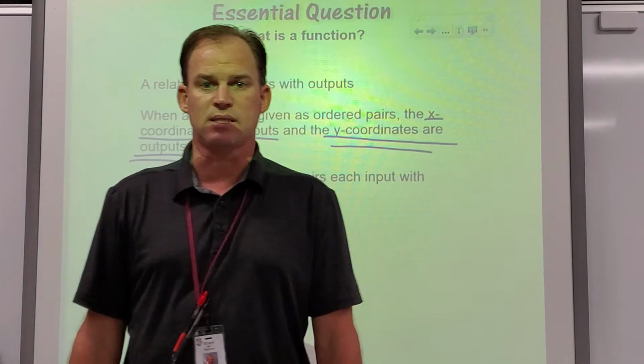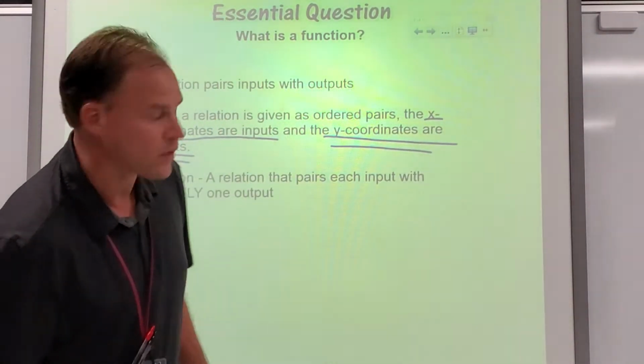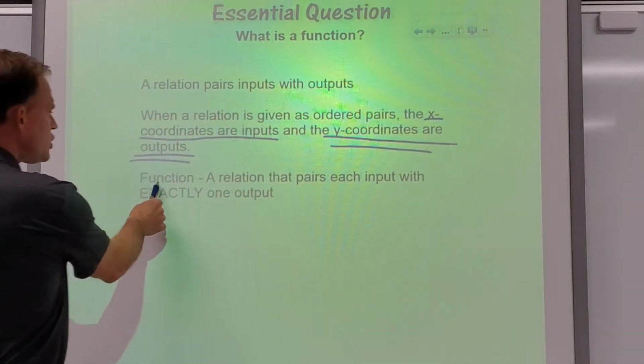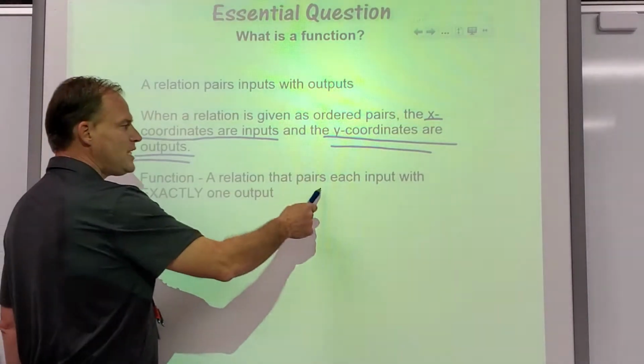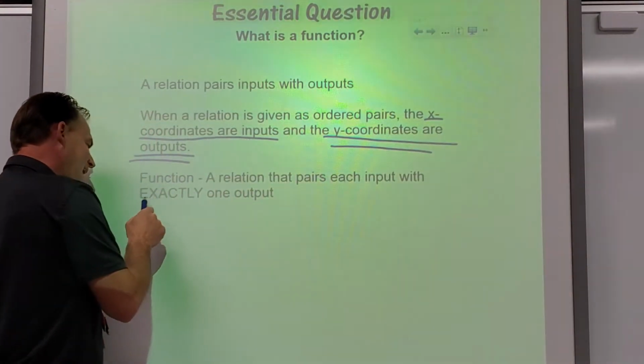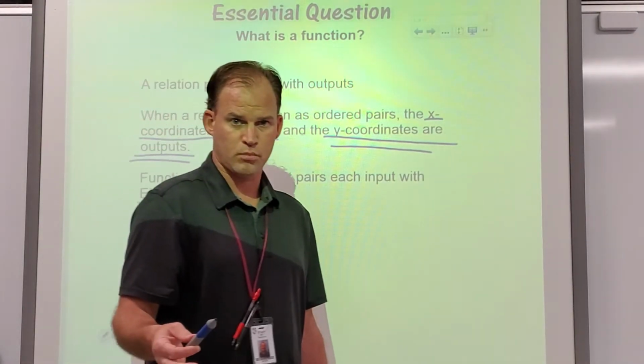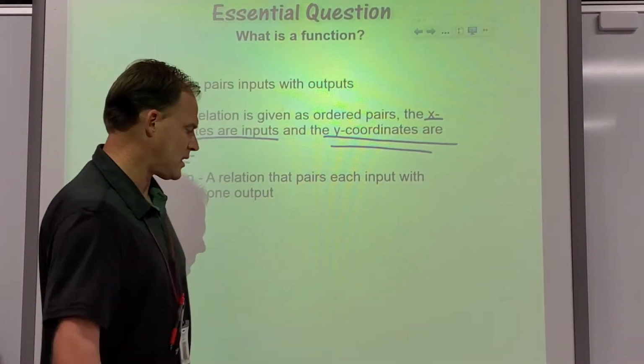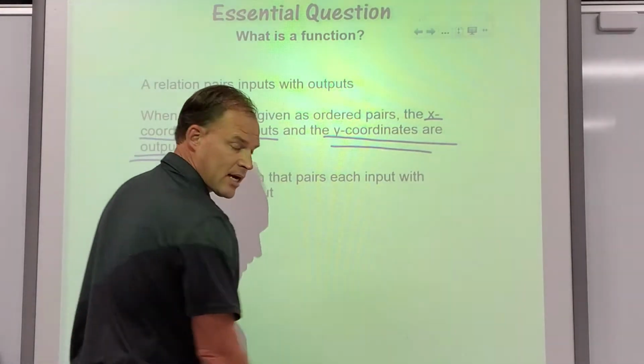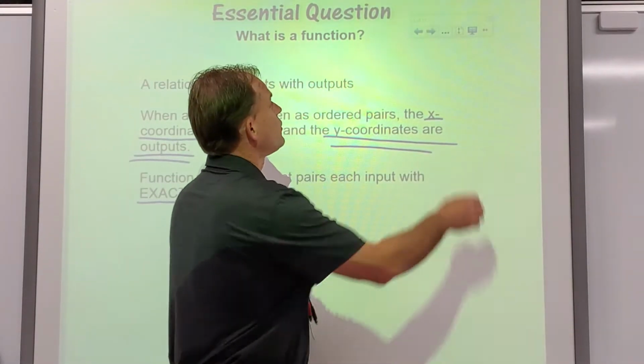Make sure you emphasize that in your notes. Write this down. A function is something that pairs each input with exactly one output. That makes it a function. All right? Each input with exactly one output. So, copy that down, pause it if you need to. I'm moving on.